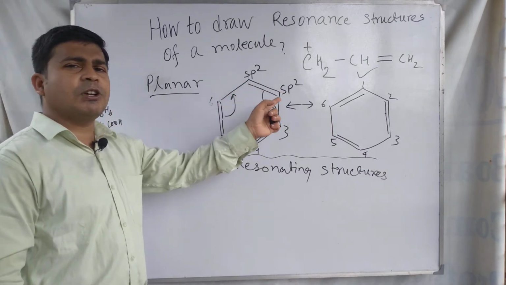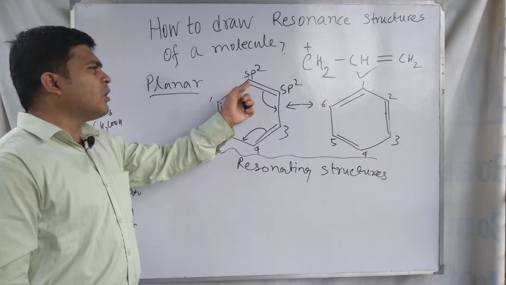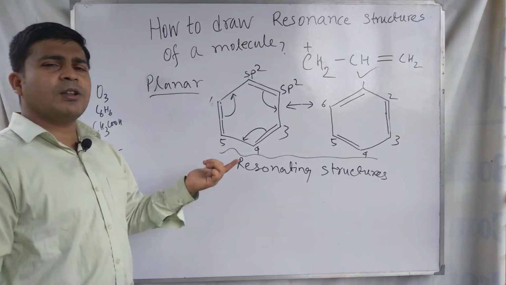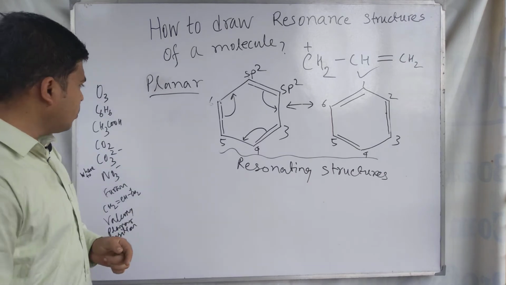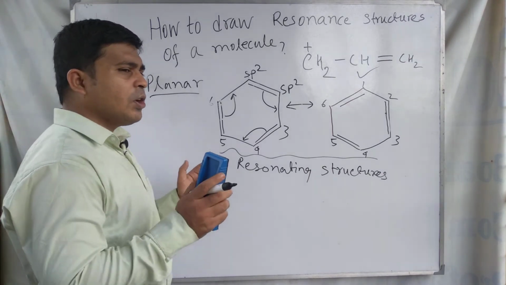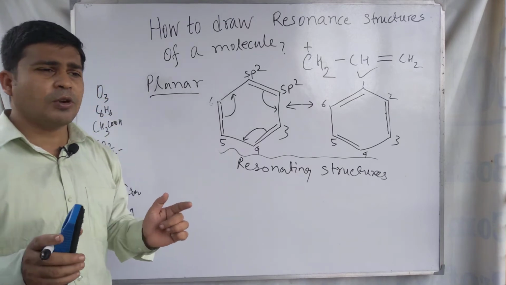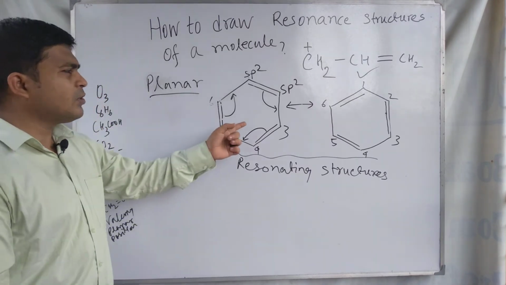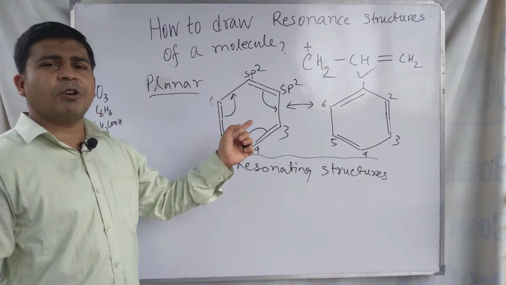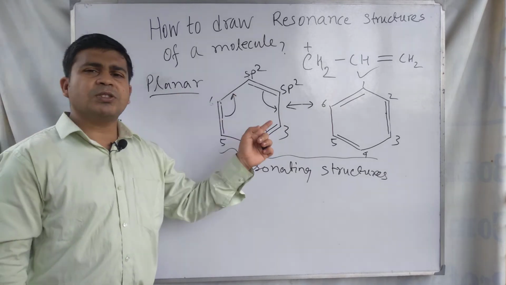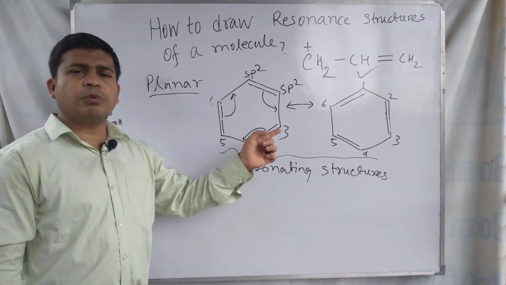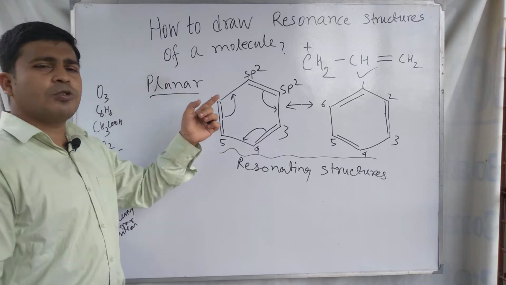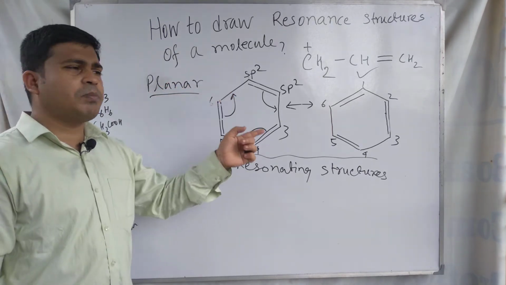This is the second condition after atom displacement and bond displacement. Atoms cannot be displaced, bonds can be displaced in the structures, but the second condition is planarity. The molecule must be planar in order to participate in resonance, or to form resonance structures.